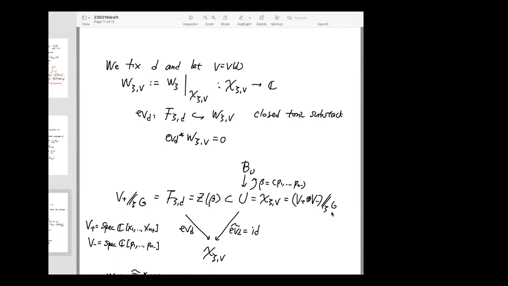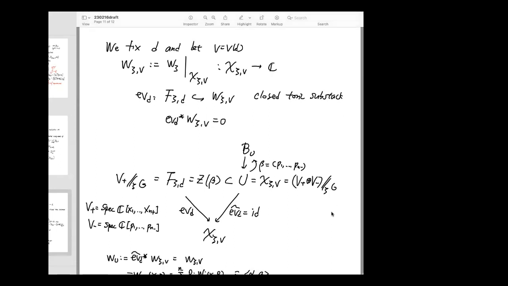So let x_1 to x_m plus be the coordinates on V plus and p_1 to p_m minus be the coordinates on V minus. Then this is embedded as the zero locus of this regular section, which is just given by p_1 to p_m minus.